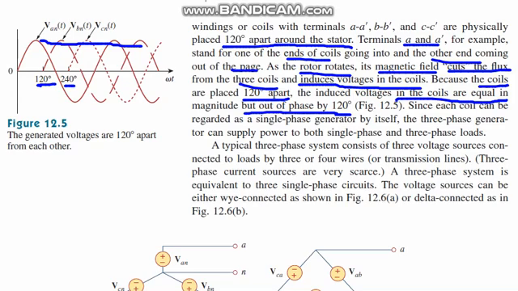Since each coil can be regarded as a single-phase generator by itself, the three-phase generator can supply power to both single-phase and three-phase loads. Thank you very much for understanding this. I will give the next lecture on how you can draw and give notations to the circuitry.